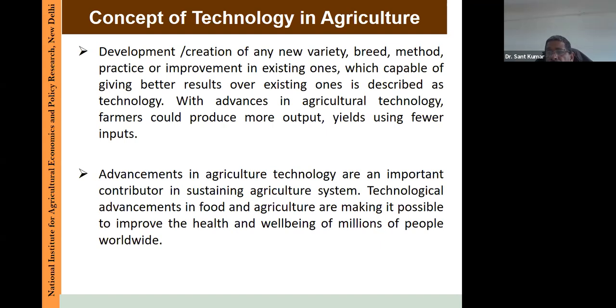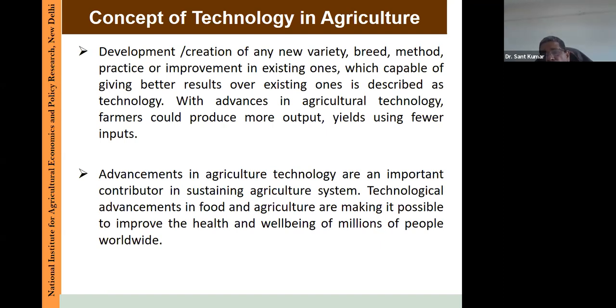With the advances in agriculture technology, farmers could produce more output, more yields, using better inputs. So advancements in agriculture technology are an important contributor in sustaining our agriculture production system and making it available to all.